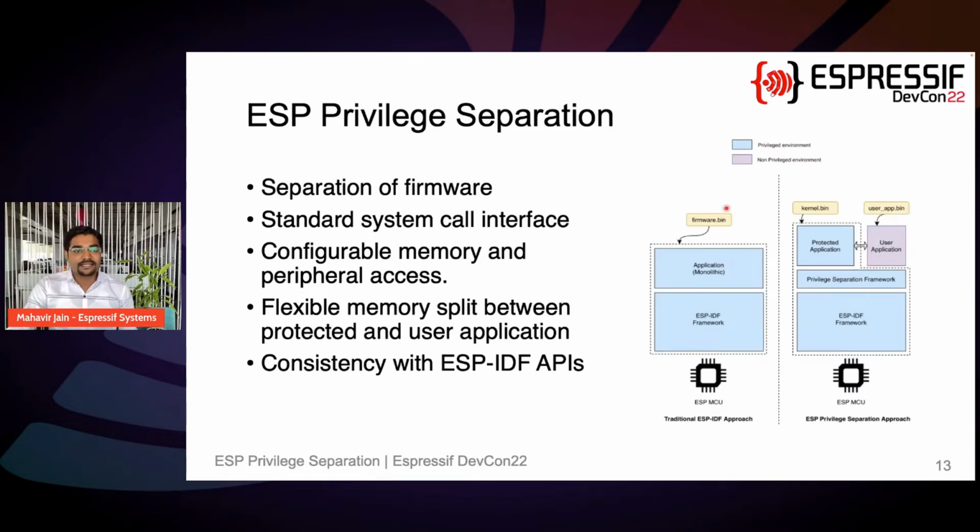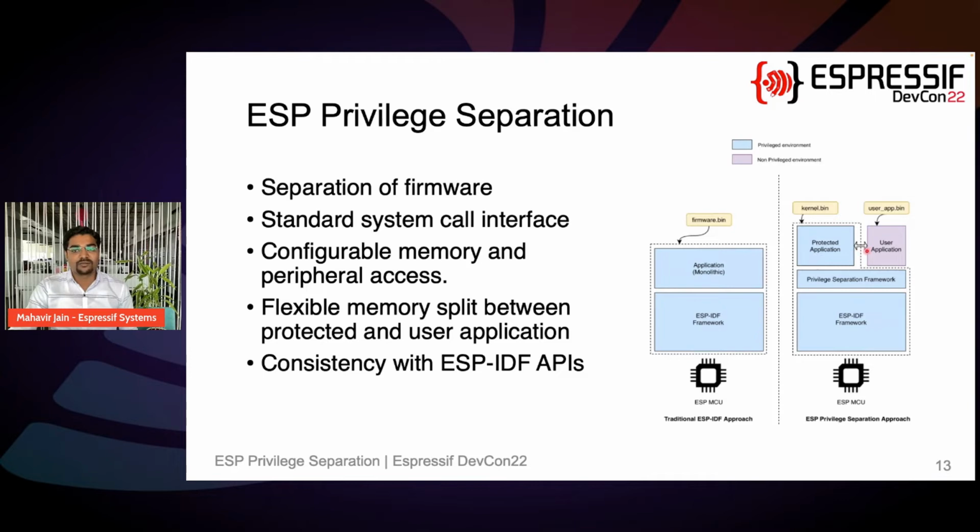So here is the traditional approach that we discussed, which is the monolithic firmware based on the ESP-IDF framework, and it's a single executable. And with the ESP Privilege Separation, one could achieve a split in the firmware into two separate entities, protected application and the user application. Protected application runs at the highest privilege, and the user application has restricted memory and peripheral access.